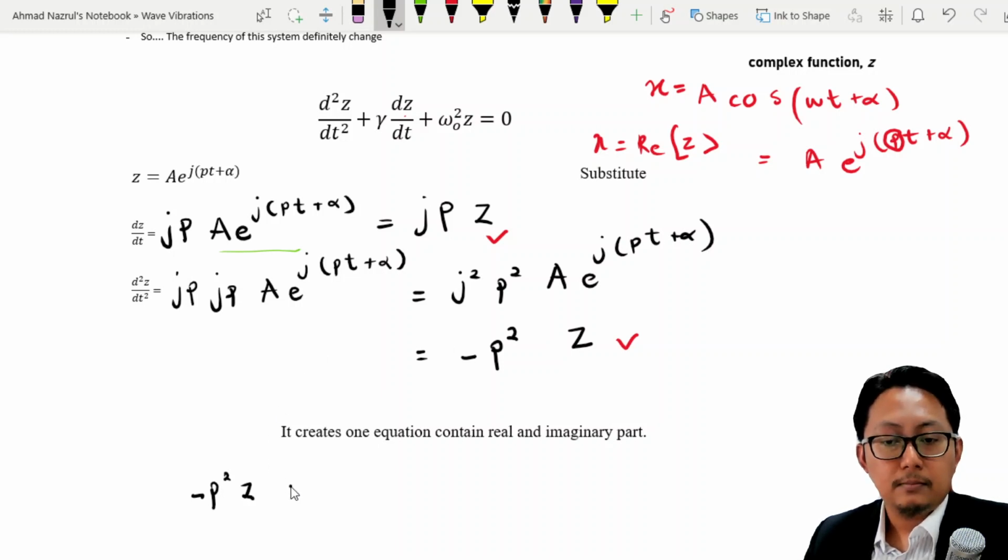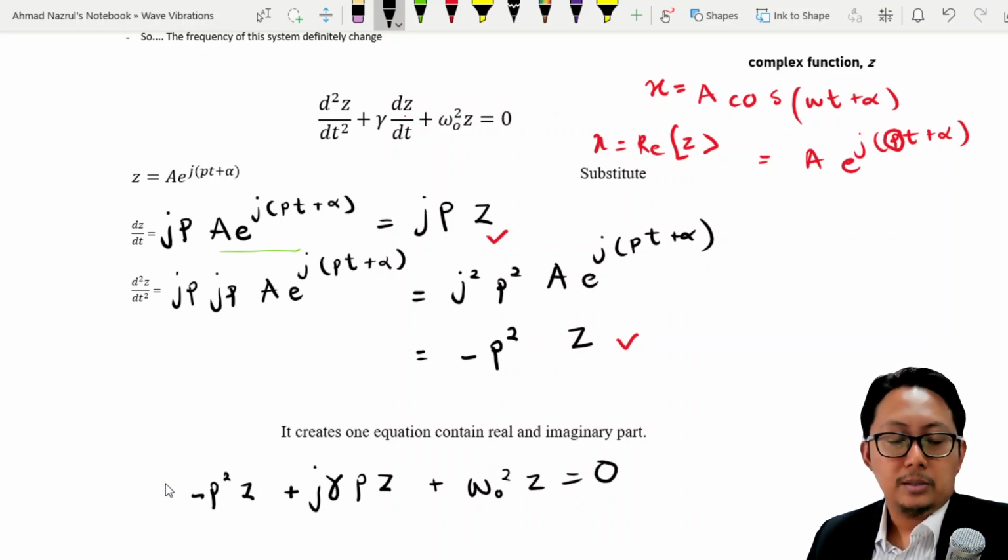plus gamma dz over dt, which is j, I need to put j in front, j p z, plus omega naught square z equals 0. You know that z is still in there, we can cancel it out again.